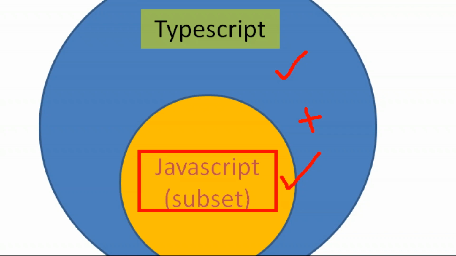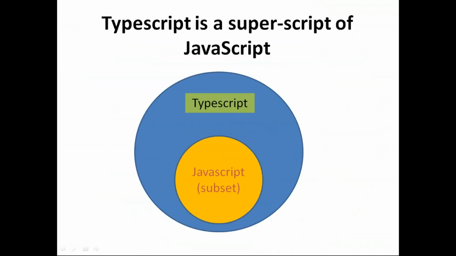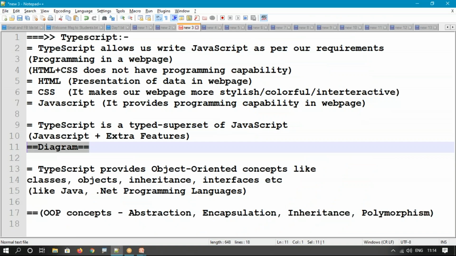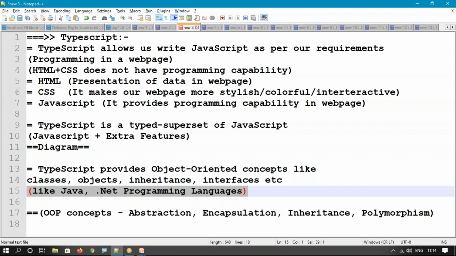So what are those extra things in TypeScript which can be performed? Basically, those extra things are OOPS concepts. What are those OOPS concepts? We can do classes, objects, inheritance, interfaces, etc. These concepts are supported in programming languages like Java and .NET, and the same thing can also be done in TypeScript.